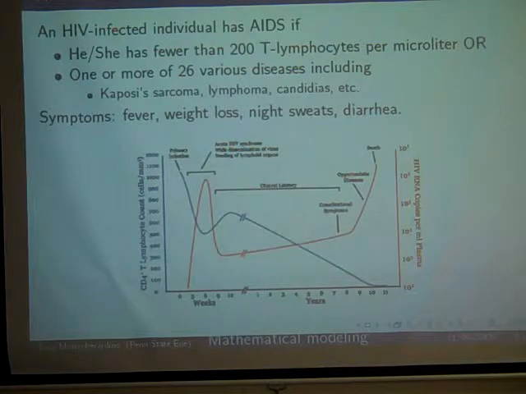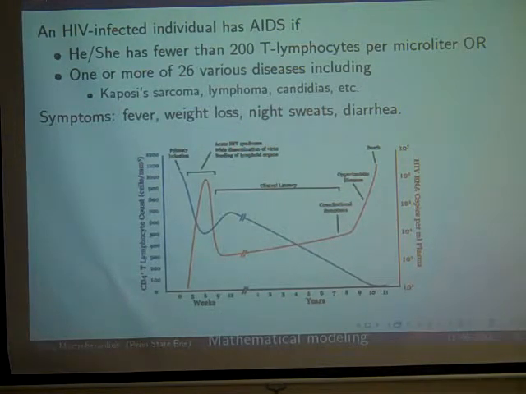All right, so what is AIDS? It was first defined in 1983, and then every half dozen years or so it was redefined. Here's a definition that I'll give you. Someone has AIDS if he or she has fewer than 200 T lymphocytes per microliter. The normal count is 1,000. Or if the person has one of 26 various what are called opportunistic diseases.